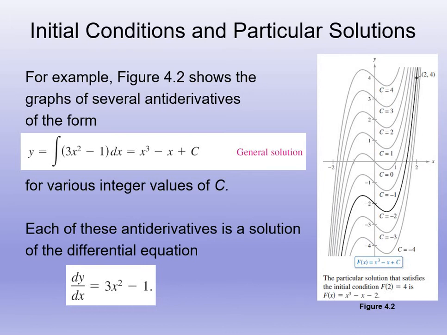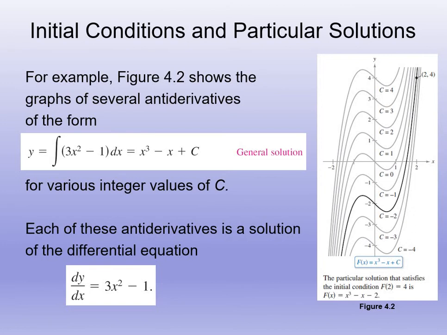Okay, so what we can do is, once we have initial conditions, we can use them to satisfy a value. So if you look here on the figure, f of 2 equals 4. Those would be our initial conditions. That means when I go back to my general solution, I would plug in 2 for x and set it equal to 4 and solve for c.